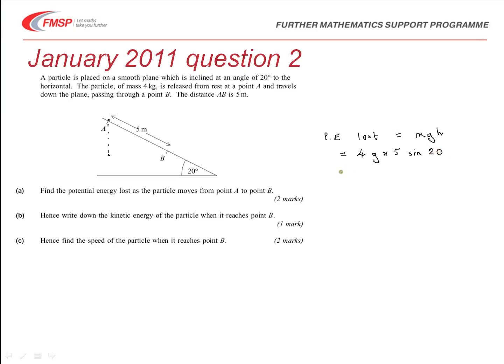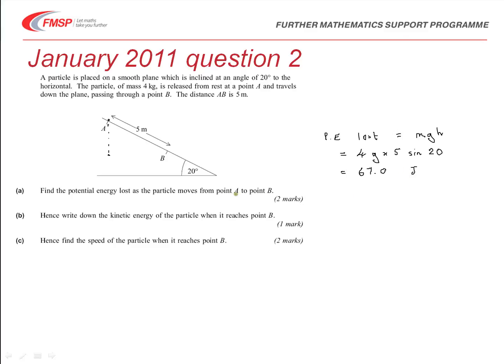Sine 20 is not a straightforward angle, so we'll have to put that into our calculator to come up with the appropriate answer. And so this, if we work it out, works out to be 67.0, and the energy of course is measured in joules.